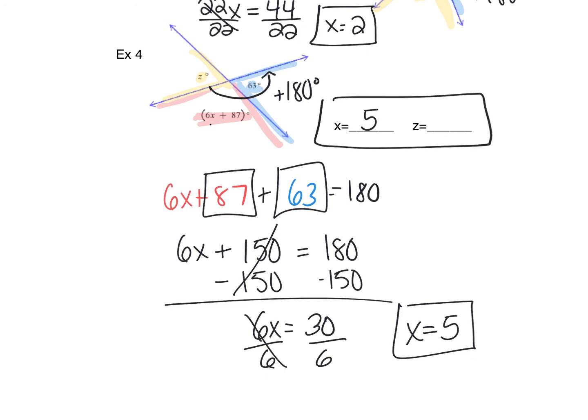Again, once we find the x, we can plug it back in, or we could look at the problem a little closely and look for those vertical angles. So notice that the z is right across from the blue angle, which is 63 degrees, which means, again, that they are vertical and equal angles. So that means my z value must be, right off the back, 63 degrees.